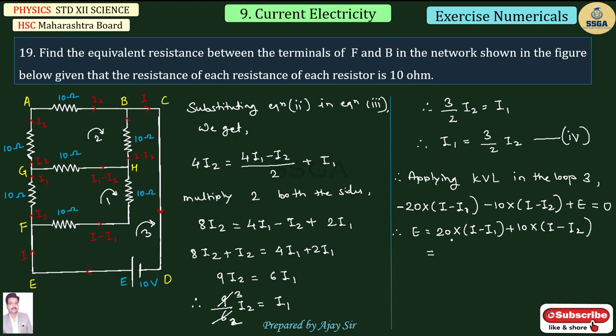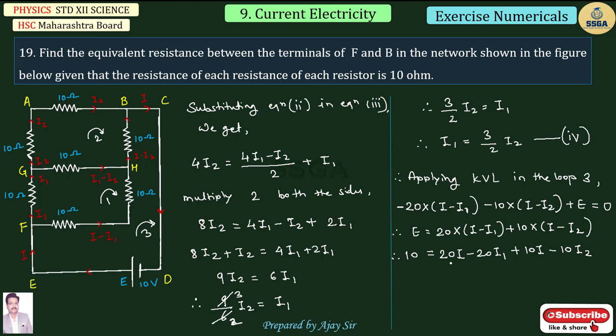So let us multiply this 20 inside. So the E value, that is 10, EMF we consider is 10. Then 20 inside, that is 20 into I, minus 20 into I1, plus 10 into I, then minus 10 into I2.